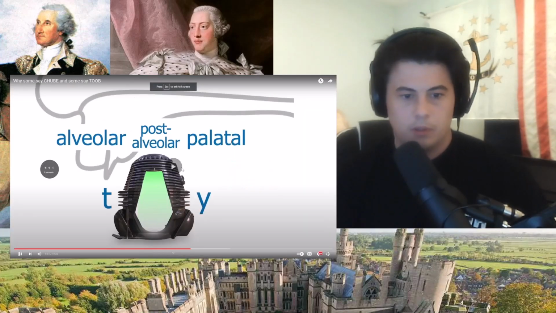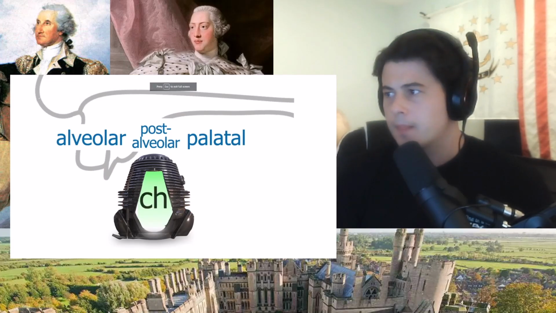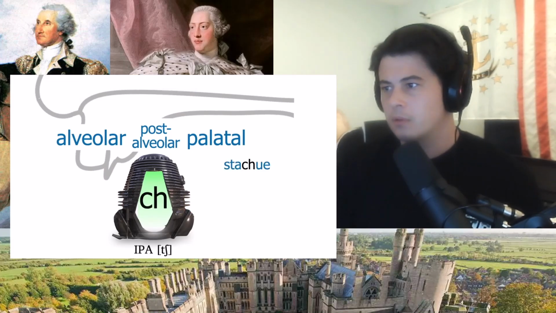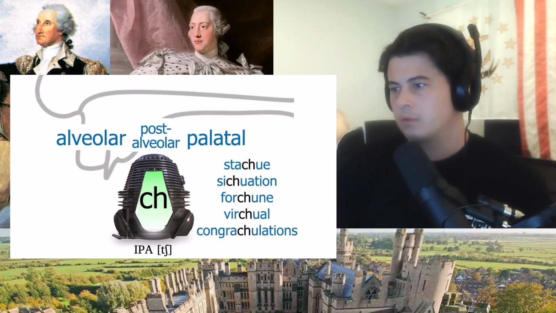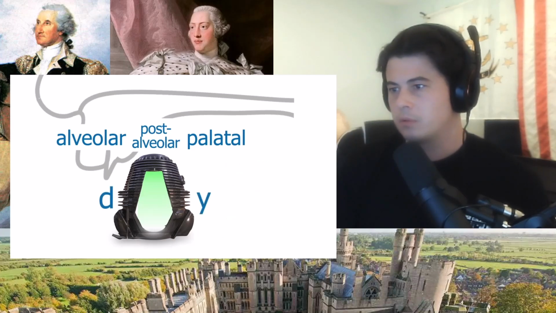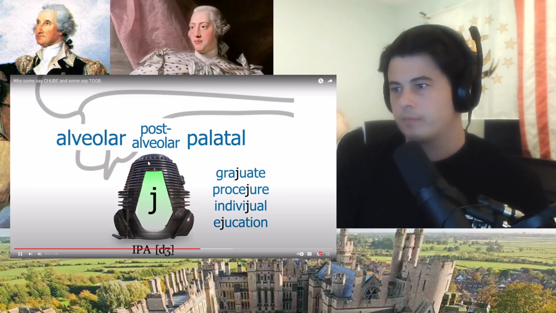Really, really good. Coalesce to form postalveolar ch, as in statue, situation, fortune, virtual, congratulations, etc. D and yod coalesce to form postalveolar j, as in graduate, procedure, individual, education.